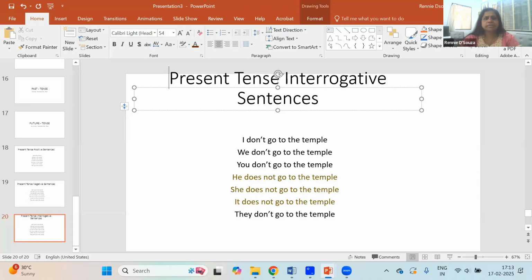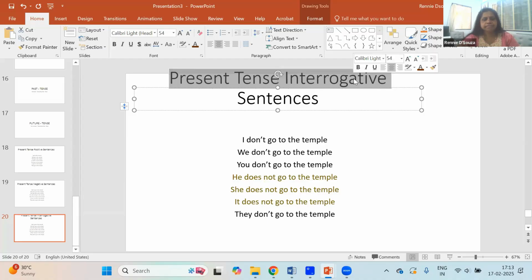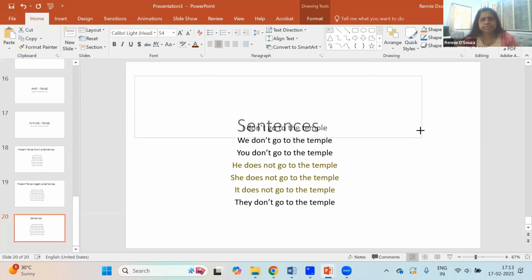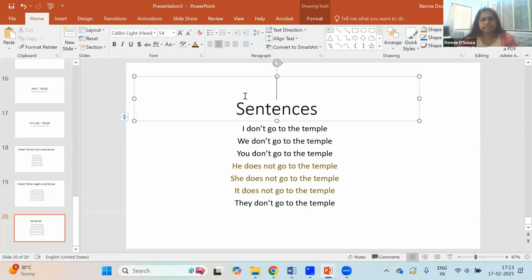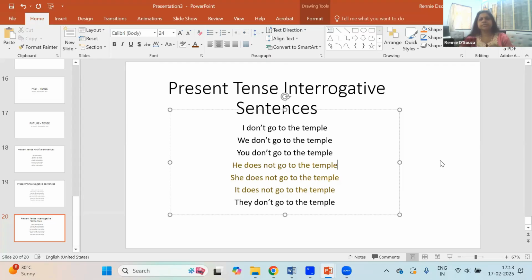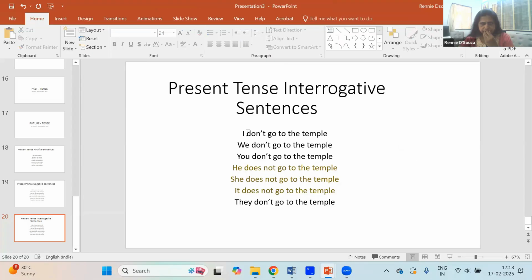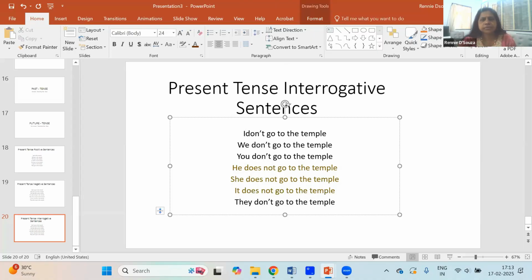Let us see interrogative sentences. Interrogative is a question. How to form questions in present tense, right? To form the questions, the interrogative sentences in present tense, the helping verb I mentioned, do, would come first. Then comes the subject.